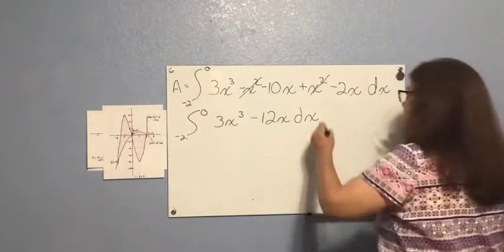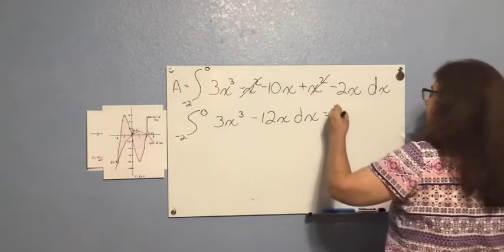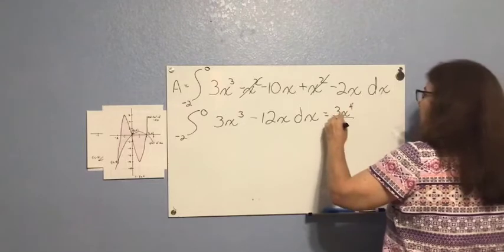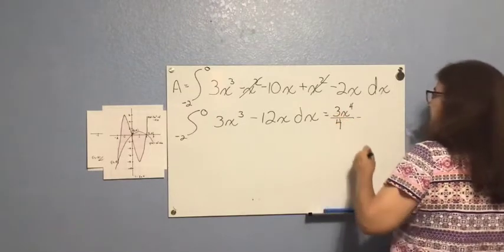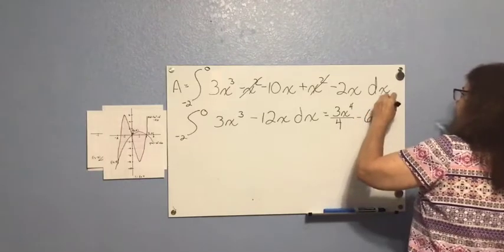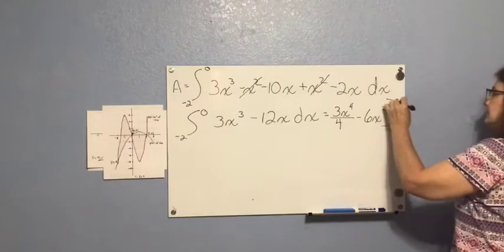Okay, integrating gives me 3x to the 4th over 4 minus 6x squared. And we're going to evaluate from negative 2 to 0.